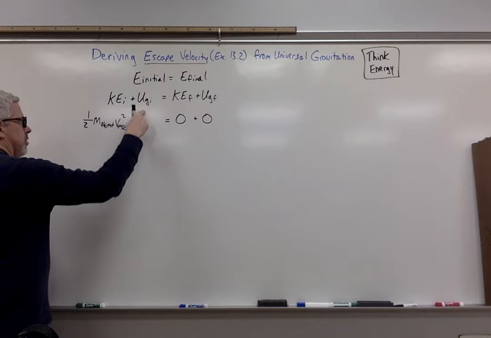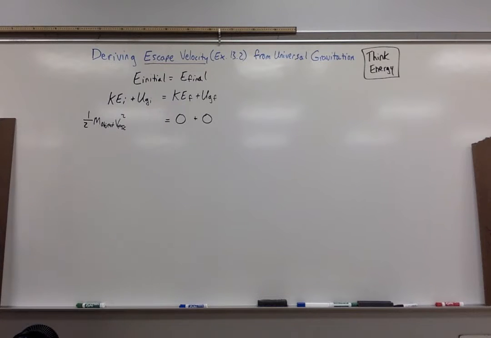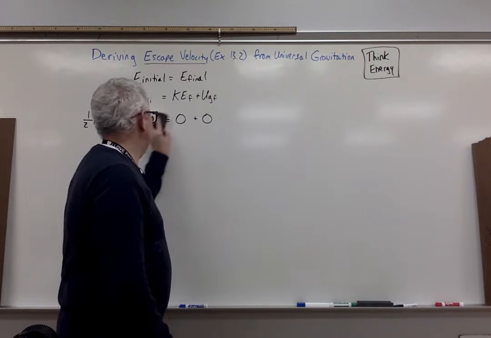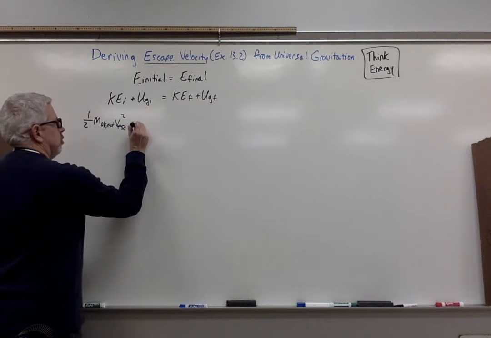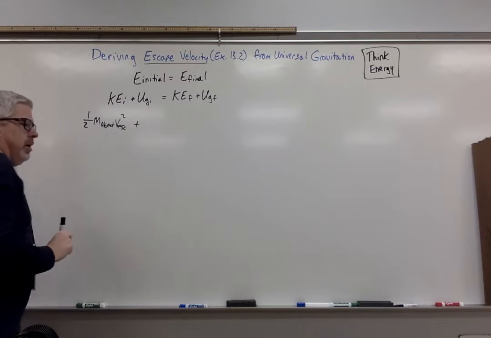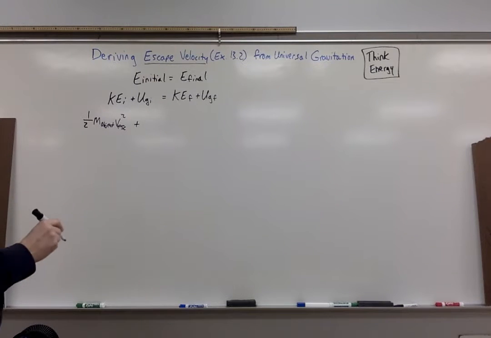Okay, what about this gravitational potential energy? Well, we can't use mgh because mgh is only when we have a constant value of g, and that's a near-Earth approximation. So what we've got to do, I'm going to have to move this over a little bit, is we've got to use our formula for gravitational potential energy. Again, for cohort A, we derived that in class on Monday.